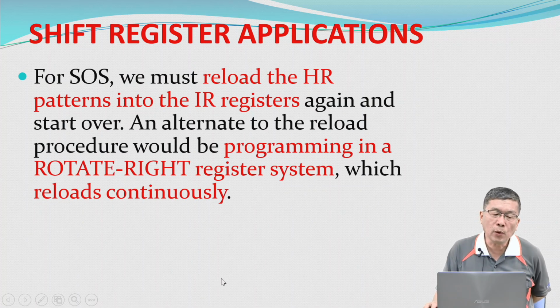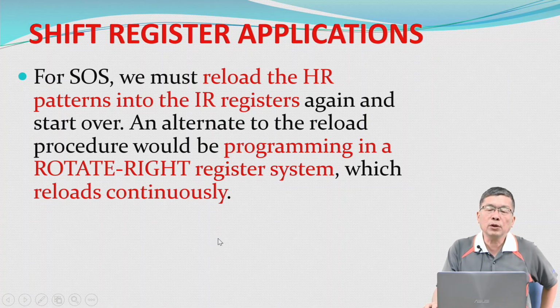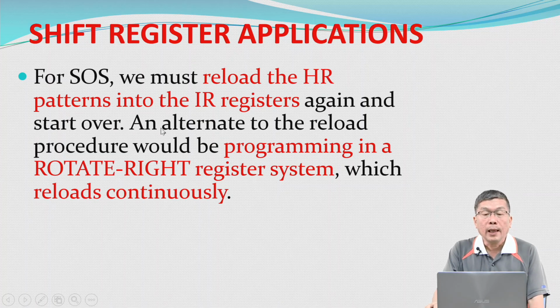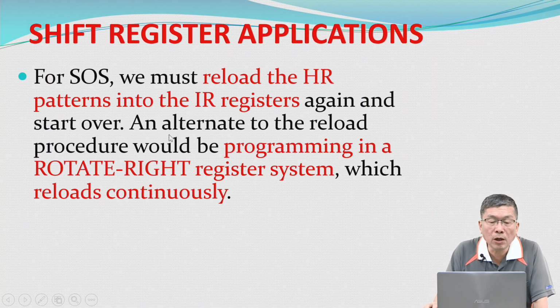For the SOS, we must reload the holding register patterns into the IR register again and start over. An alternative to the reload procedure would be programming in a rotate right register system, which reloads continuously.